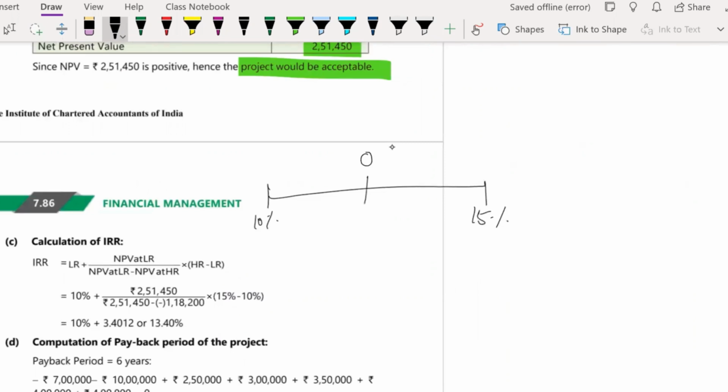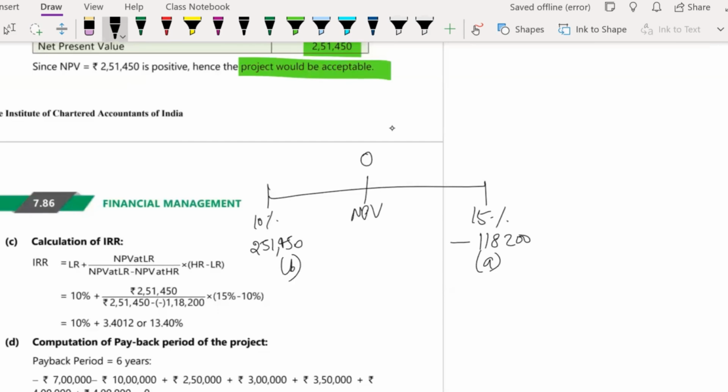We wanted a place where our NPV is 0. At 10%, our NPV was positive, which is 2,51,450. At 15%, our NPV was negative, which was 1,18,200. This we found out in A part and this we found out in B part.